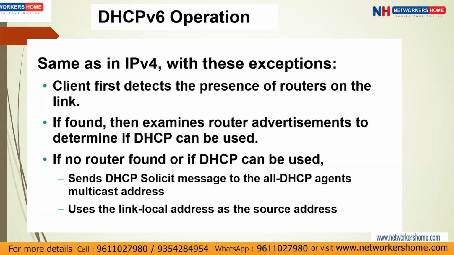The client first detects the presence of routers on the link. If found, it examines the router advertisement to determine if DHCP can be used. If no router is found or if DHCP can be used, it sends a DHCP solicit message to the all DHCP agents multicast address, and uses the link local address as the source address.